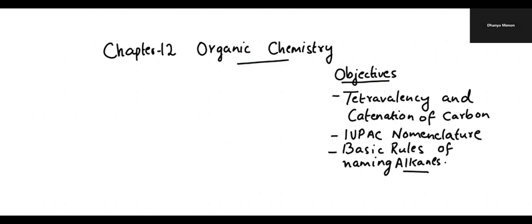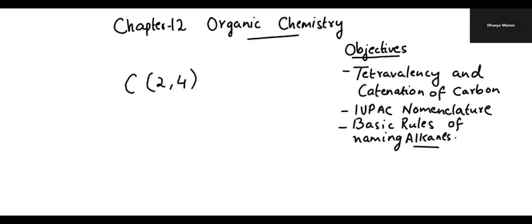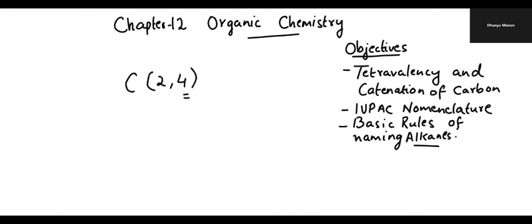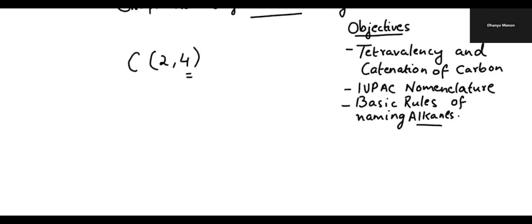Students, you all know that carbon has a configuration of 2,4. Now there are 4 electrons in the outermost shell. So it has to satisfy the 4 valencies. So it quickly forms 4 bonds with other atoms.